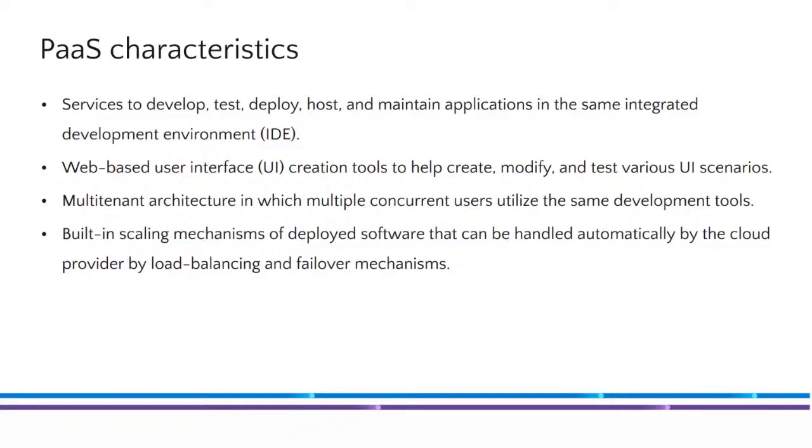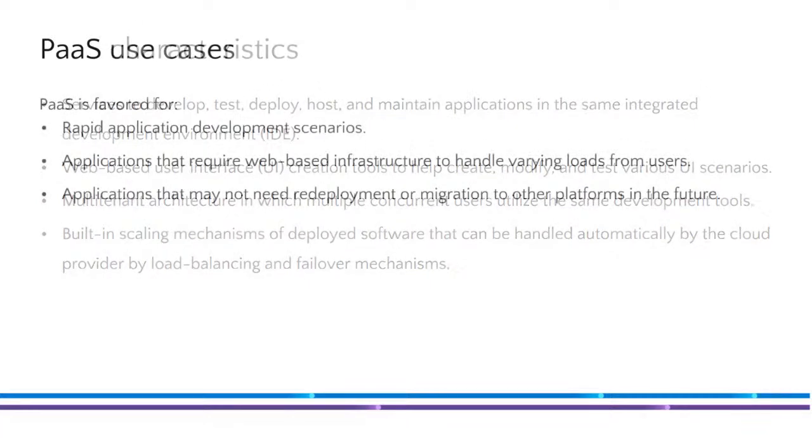It's focusing on the web browser user interface. When you're talking about low code development, here the web user interface comes into play and you can use it. Third one is multi-tenant architecture, in which multiple concurrent users can see the same development tool without using extra resources. So that's pretty great in terms of economics. You don't have to create the resources again and again and again.